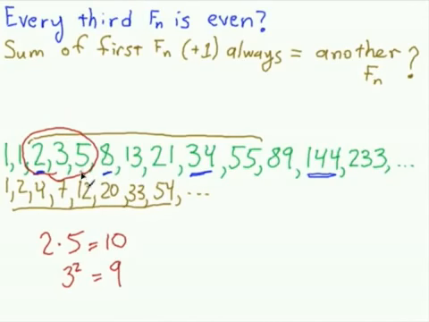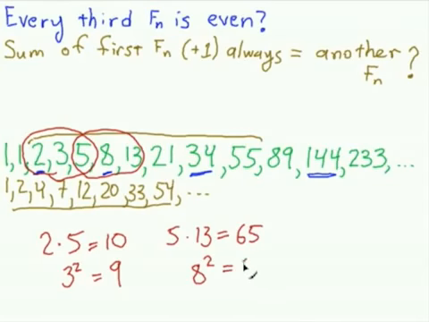Let's try 5, 8, and 13. 5 times 13, well, it's going to be 50 plus 15, that's 65. And then the middle guy is 8. 8 squared is 64. Again, they're pretty close. Only 1 off.